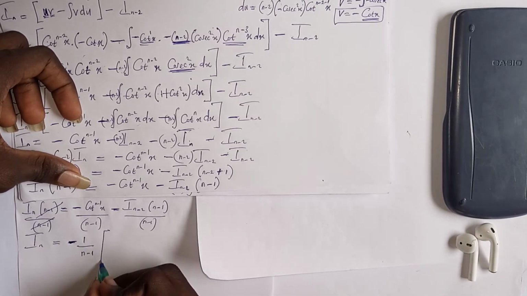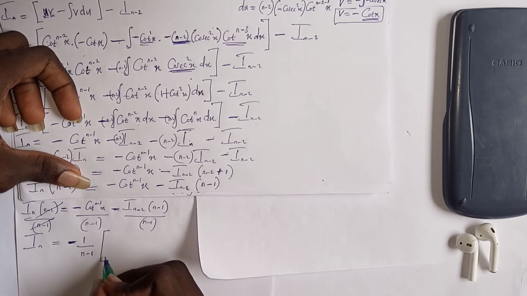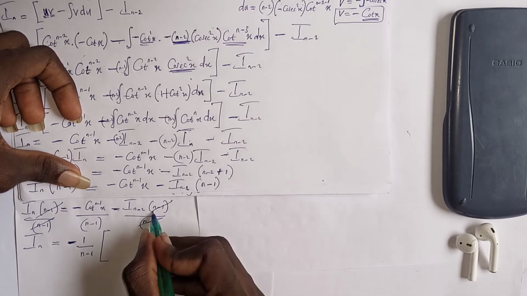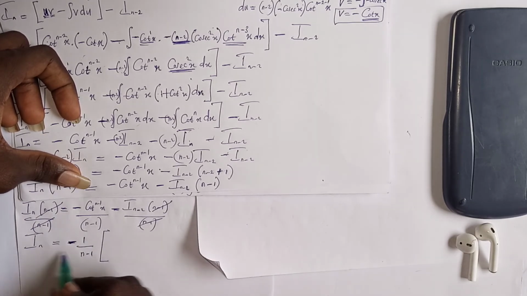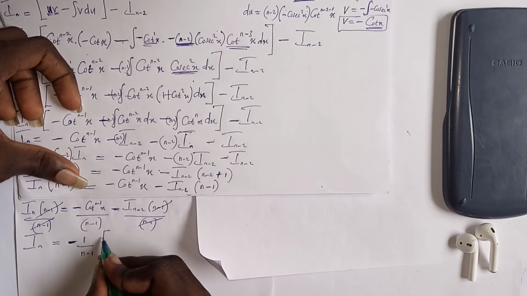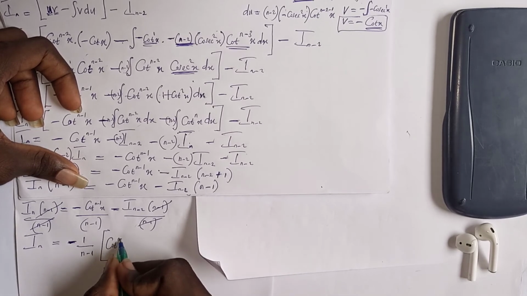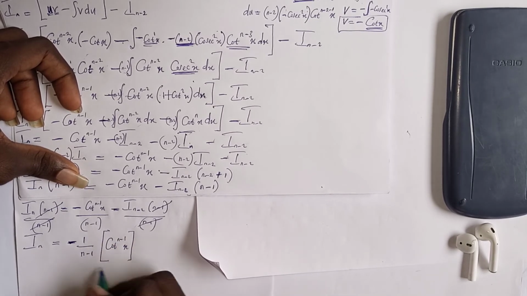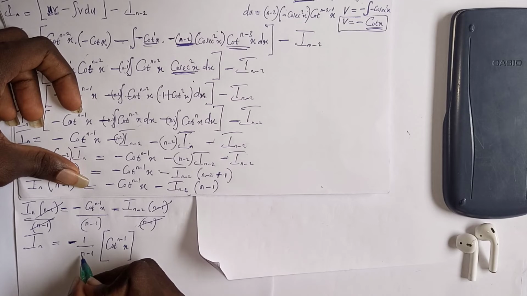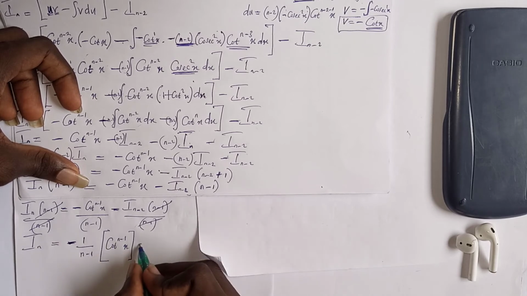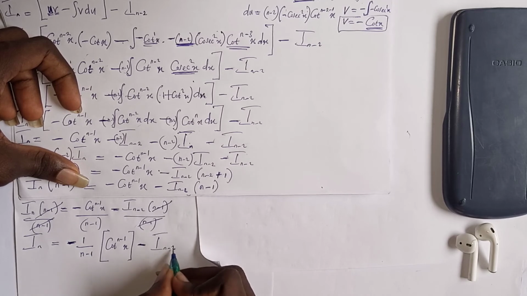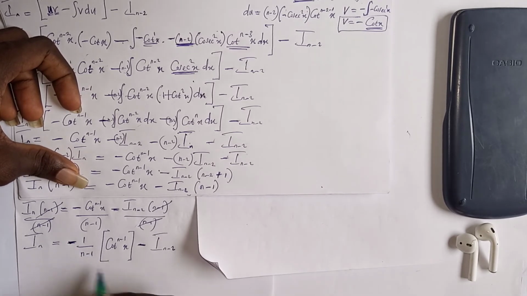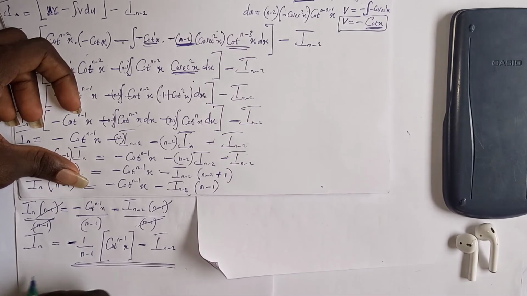Let's factor it out. But this cancels this. So that means I can factor it out for the two of them. So then this should be cot of n minus 1 x only. I'll prefer to use this, so let me leave this as minus of in minus 2. So this gives the final answer for in.